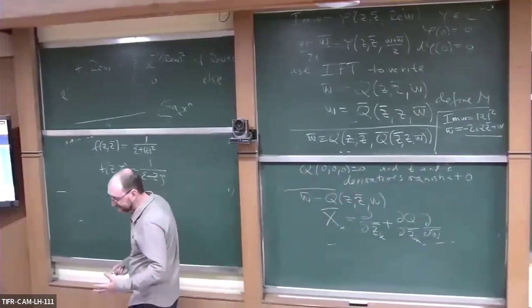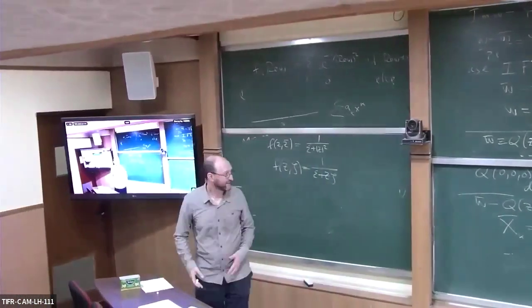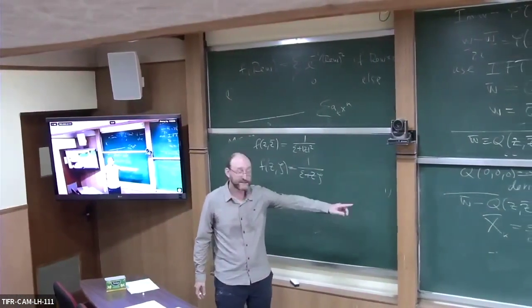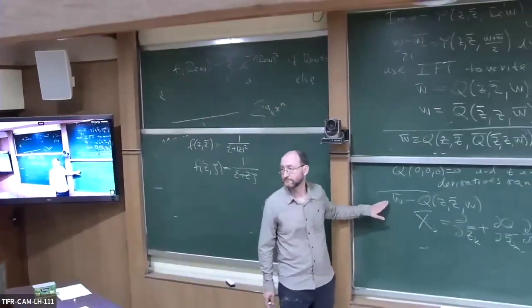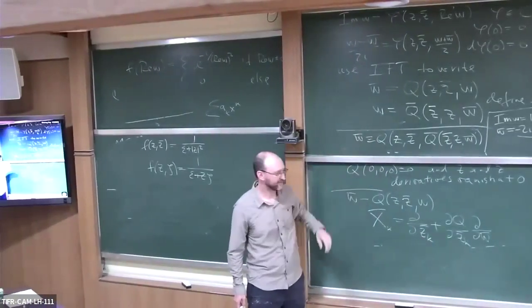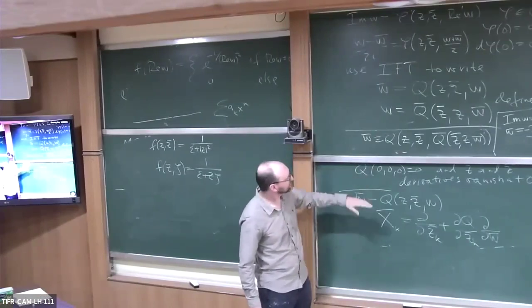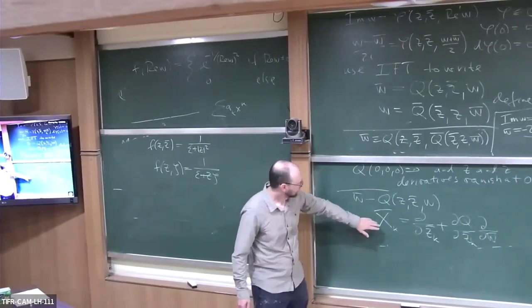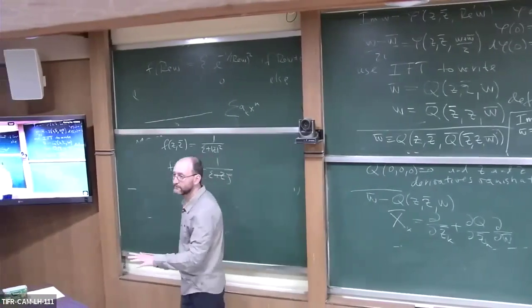I look at this, those are going to be my vector fields, and those will kill this thing. They'll also kill this thing if I subtract these. That will work well. So these are tangent to.